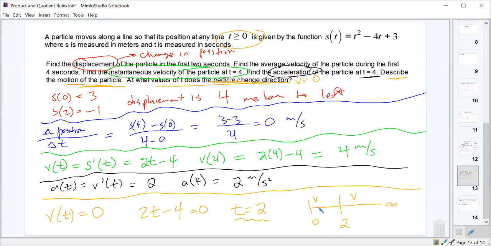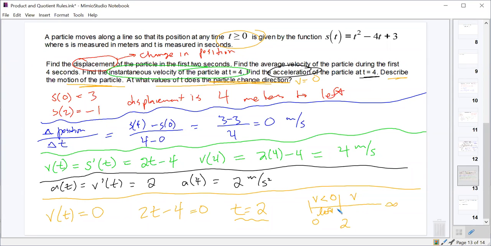If I plug in any number between 0 and 2, tell me about this velocity. Well, if it's in between, it's going to be less than 0, which is telling us that the particle is moving to the left.